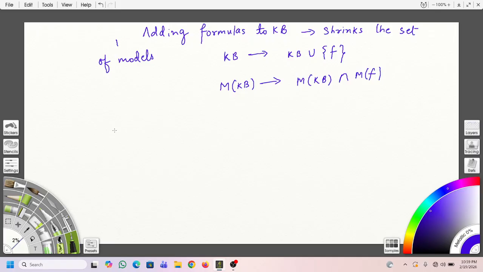now we will see three important concepts here. The first is entailment. Then we will see contradiction. And the last one is contingency.